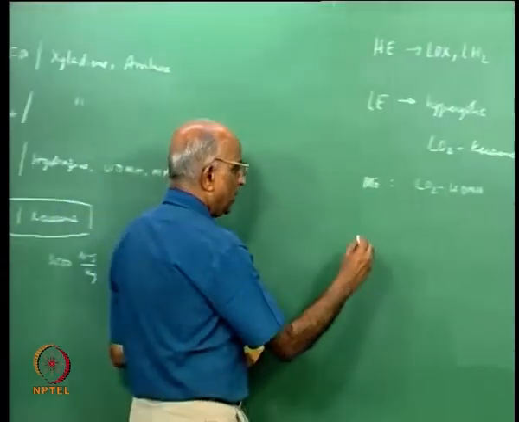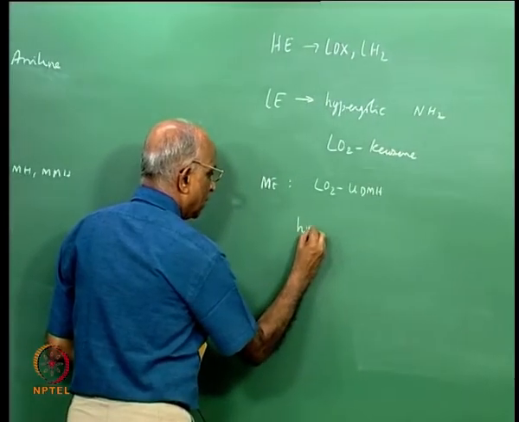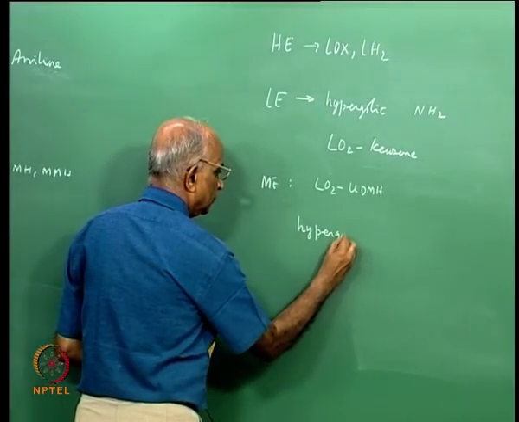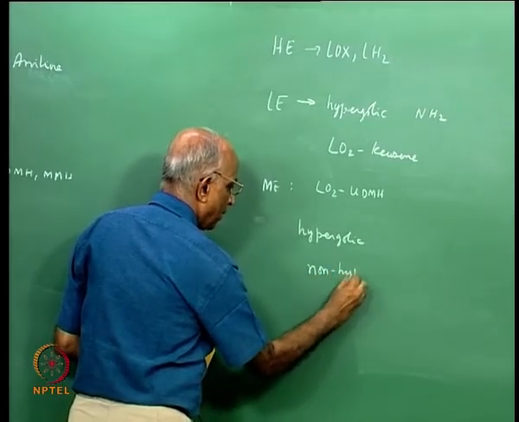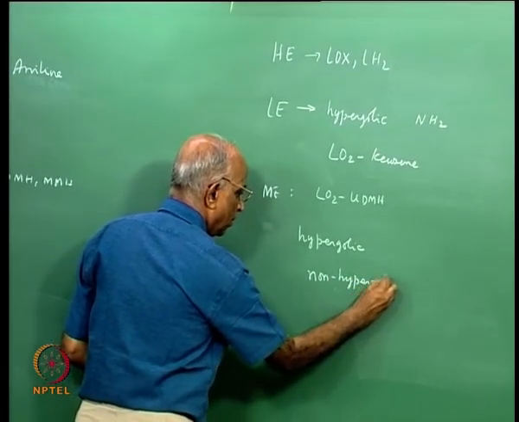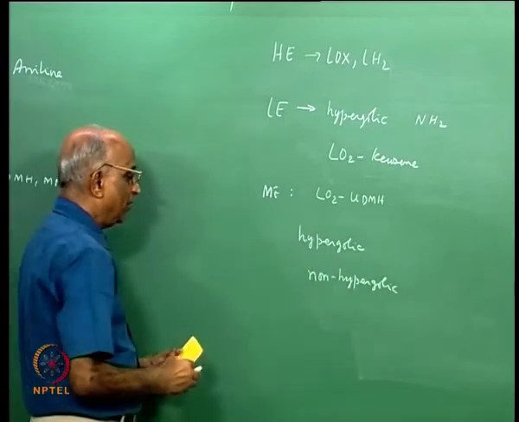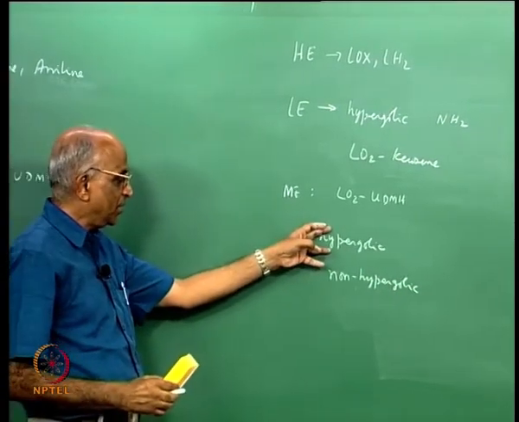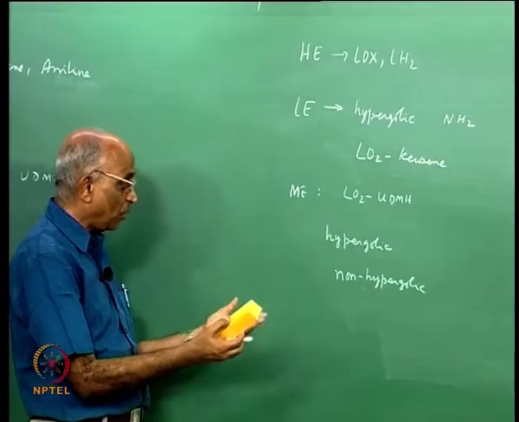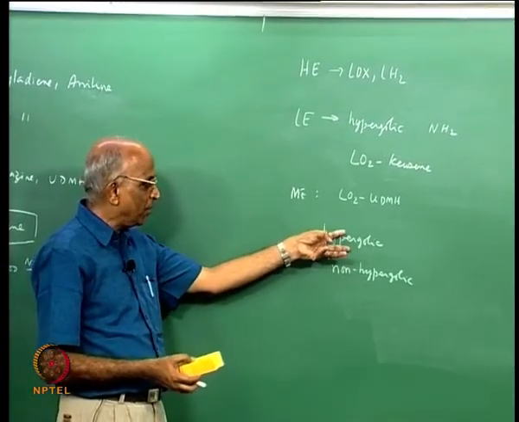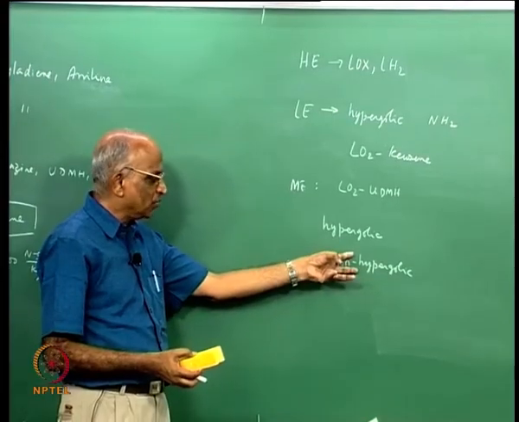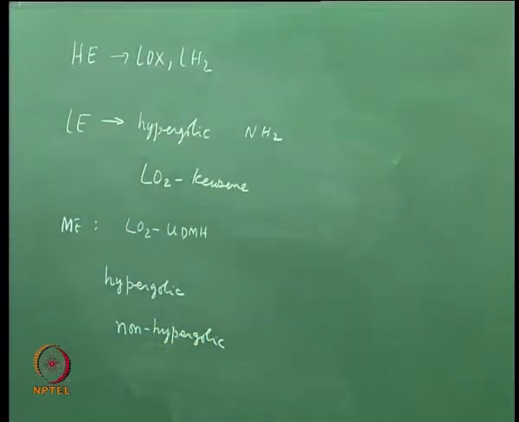We could classify it into hypergolic or non-hypergolic. Hypergolic are ones in which the oxidizer and the fuel, when they come in contact, it automatically burns, and that we will consider when we deal with liquid propellant rockets. Non-hypergolics need an igniter to get the combustion started in the rocket.